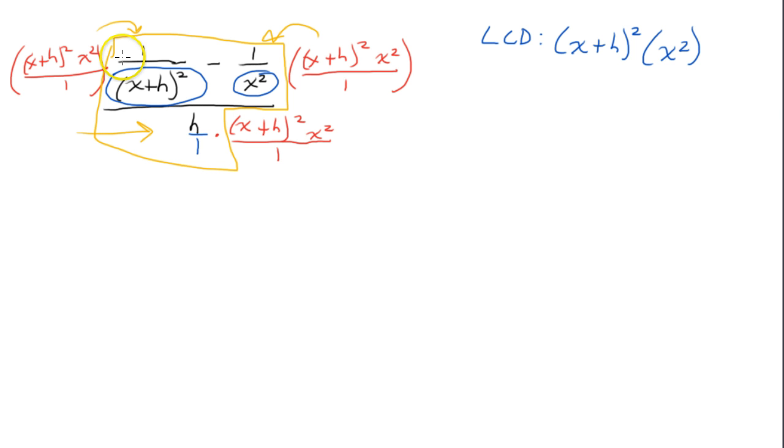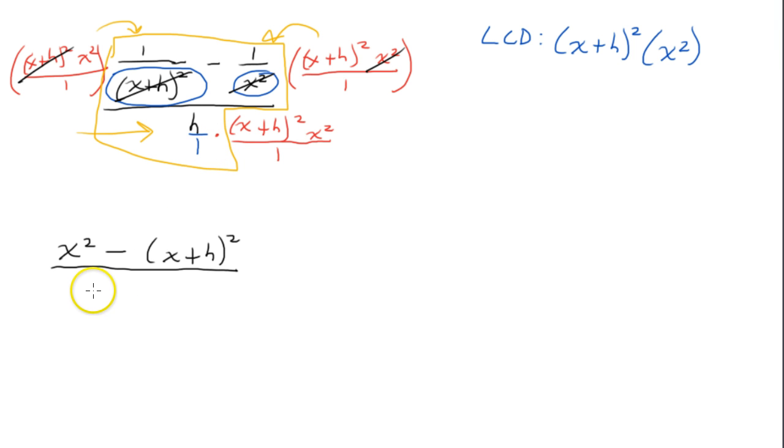Well, when you multiply right here, these (x plus h) squareds will cancel, so you'll be left with x squared in this fraction. So I'll just leave that as x squared. The next one, our x squareds cancel out, and what we have is (x plus h) squared over, nothing cancels here because we have just 1 in the denominator.